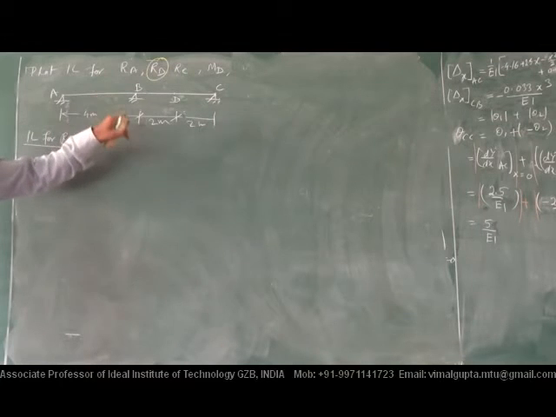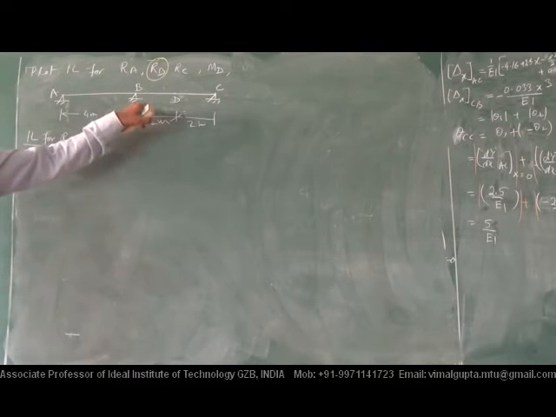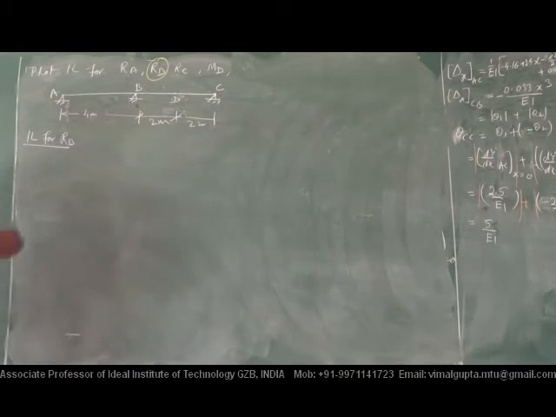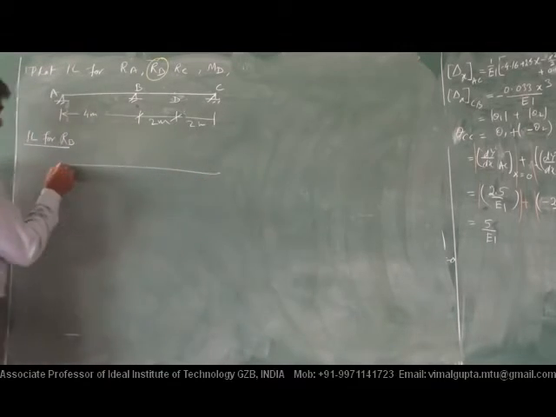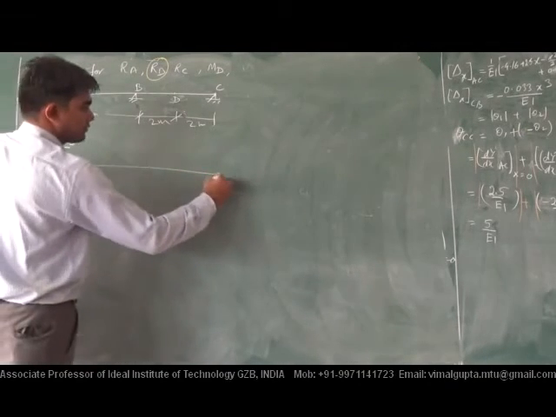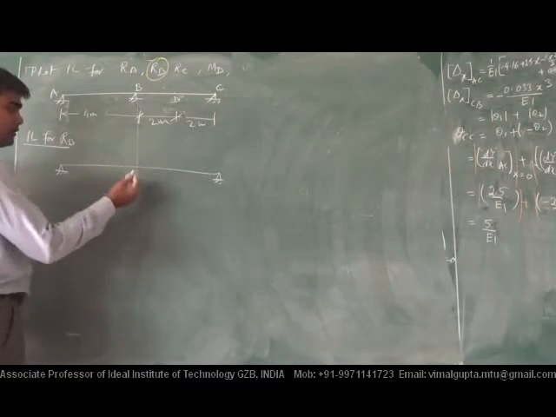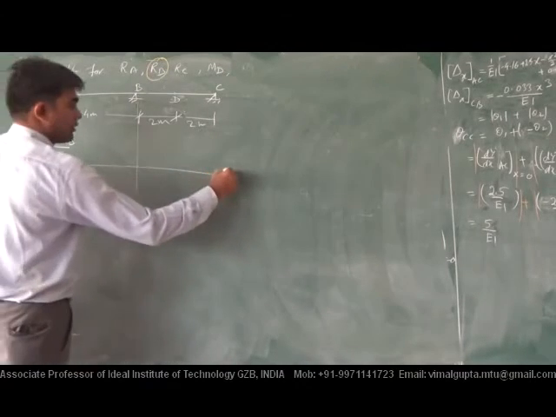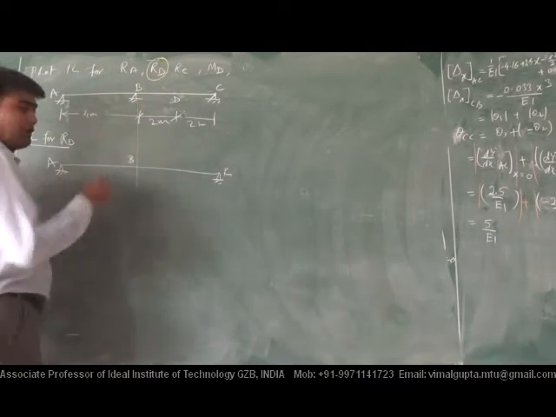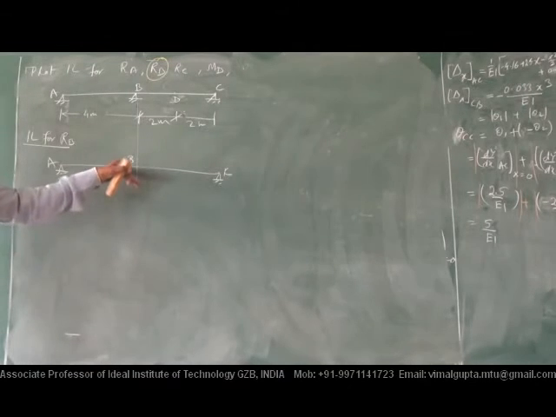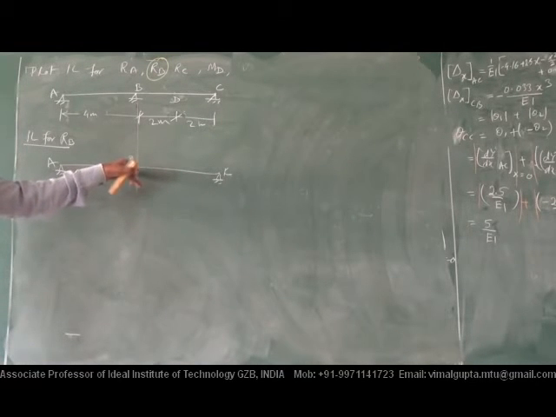First step, remove the RB. Okay, remove the RB from here. So after removing, we will get a simply supported beam.